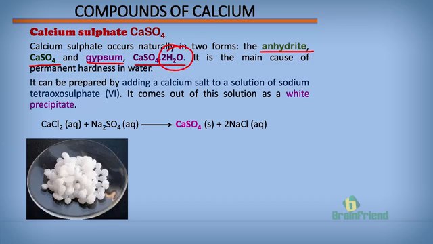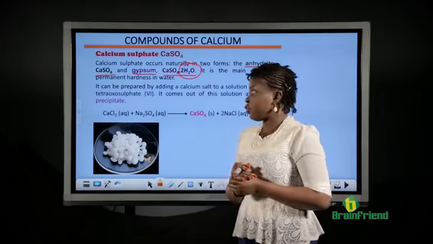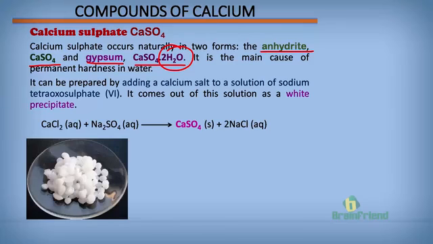Now, calcium sulfate, of course, is the main cause of permanent hardness in water. Of course, if we learned about water, we have 2 main causes of permanent hardness. They are calcium sulfate and magnesium sulfate. So, it's one of the causes of permanent hardness in water.